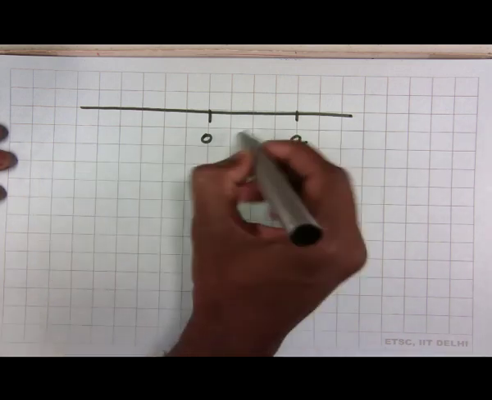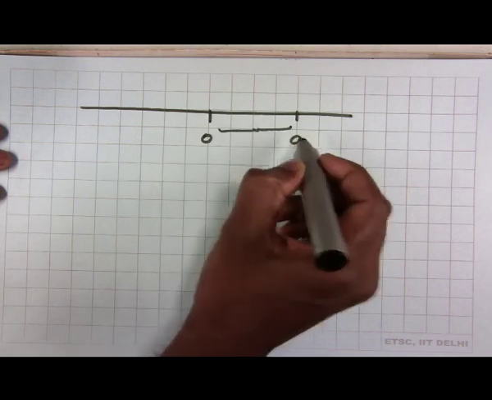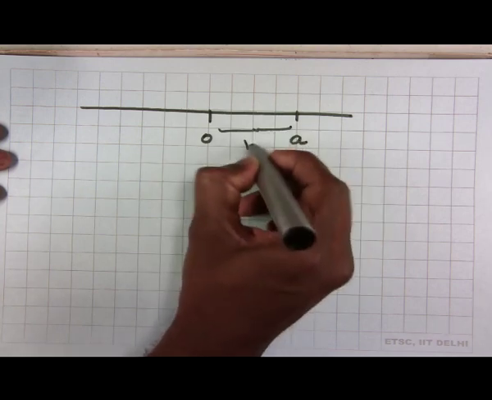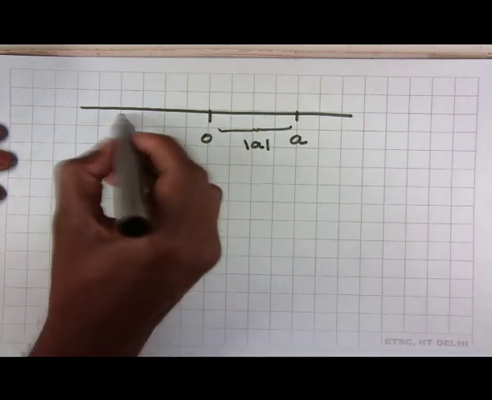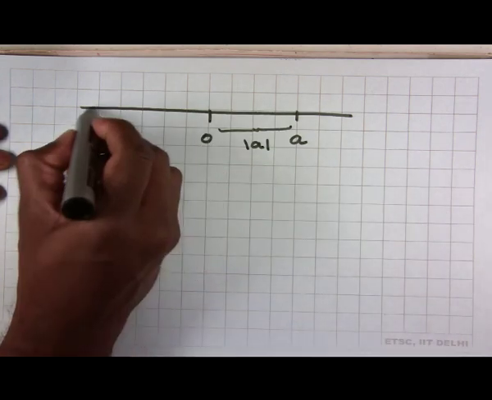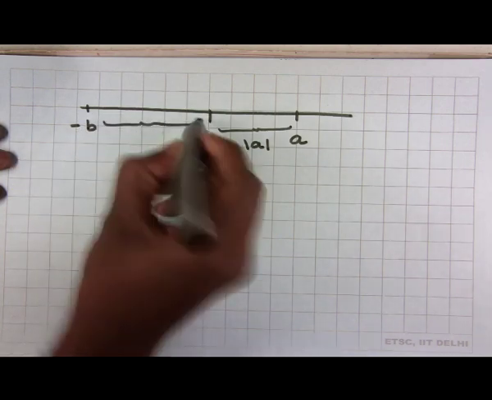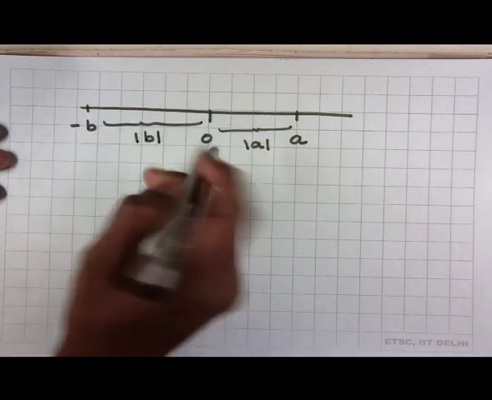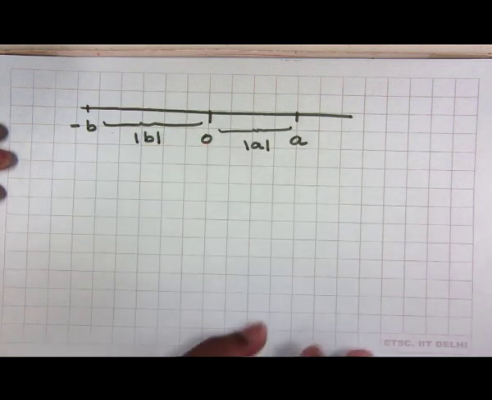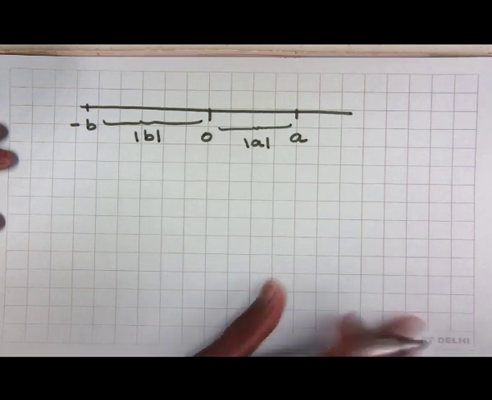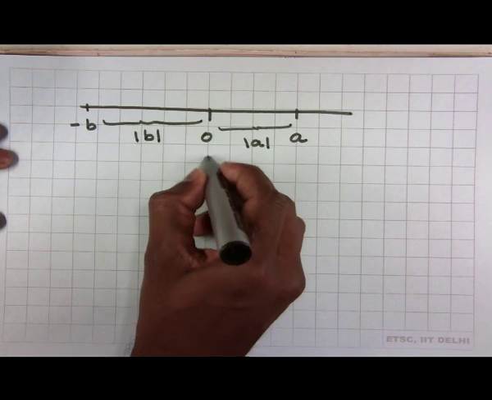The mod a always mentions the distance from 0. Okay. Similarly, if you have a negative number, let us say minus b, then mod b says the distance between 0 and minus b. Okay. So, with this distance as an idea, we can try to think of a modulus for a complex number.